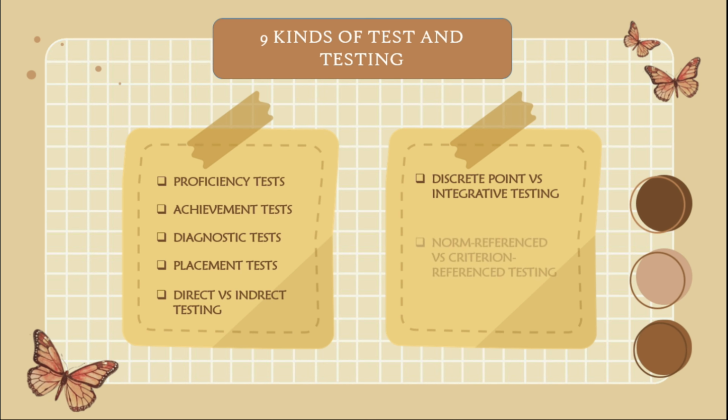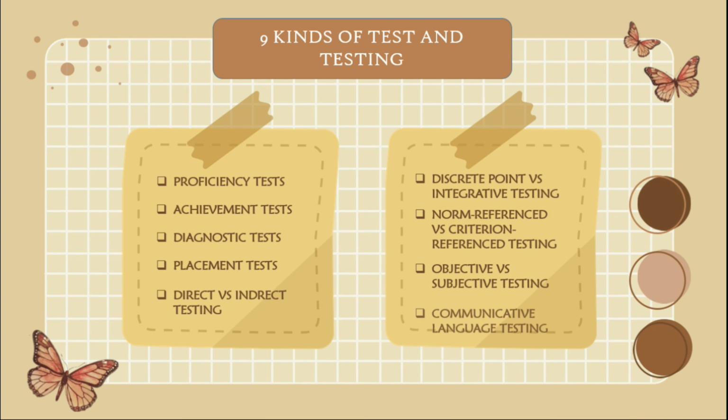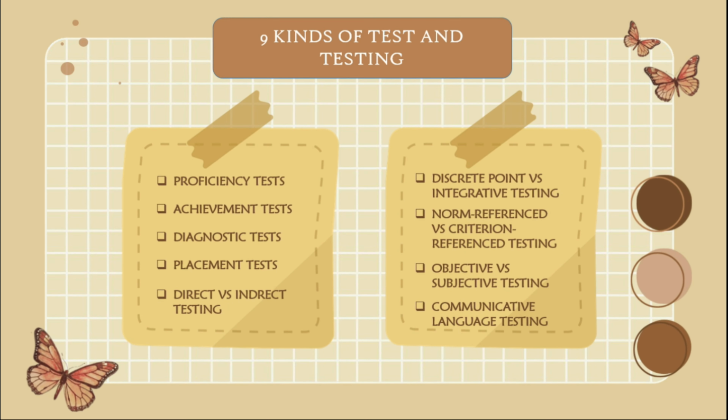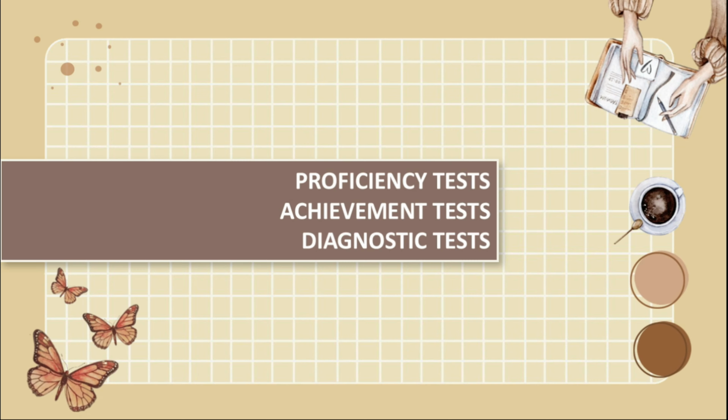Seventh, norm reference versus criterion reference testing. Eighth, objective testing versus subjective testing. Ninth, communicative language testing. And then I will explain what proficiency test, achievement test, and diagnostic test are.